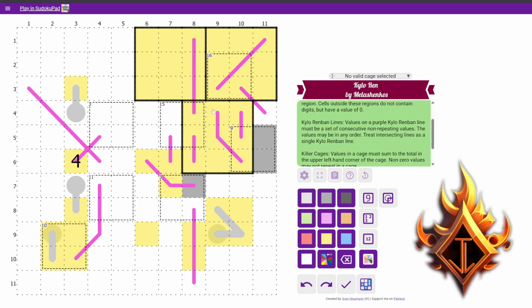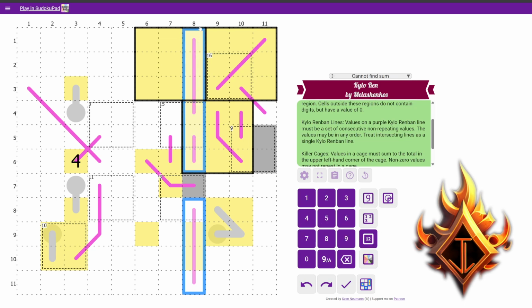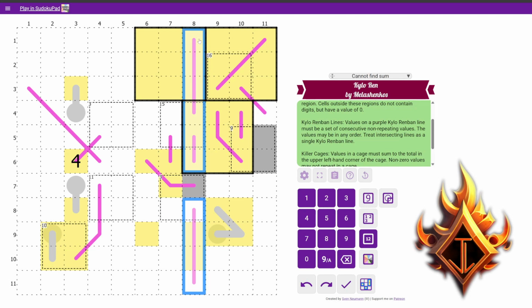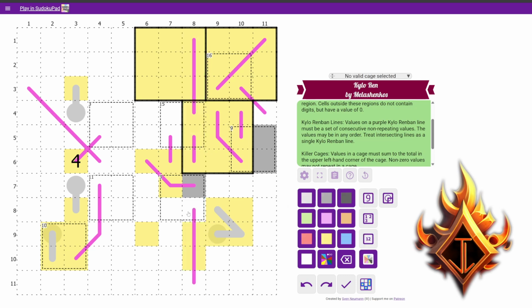Okay, more on this line, maybe. Consecutive, consecutive, consecutive. We have 10 consecutive digits. That is 0 through 9. So one of these are gray, yes? Yeah, one of them is gray.